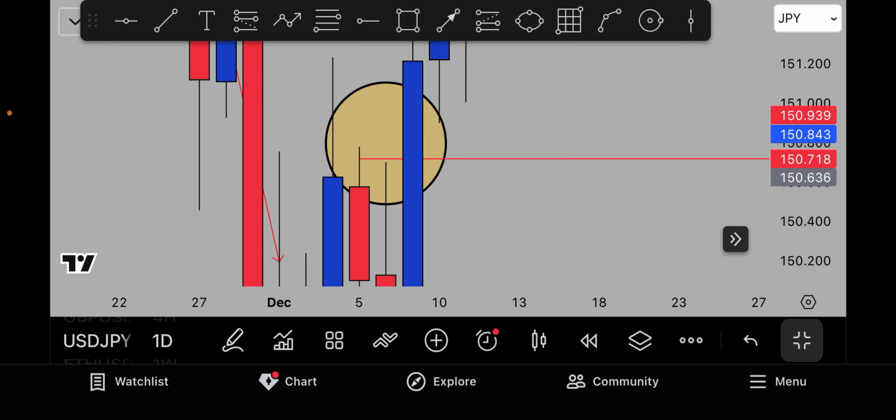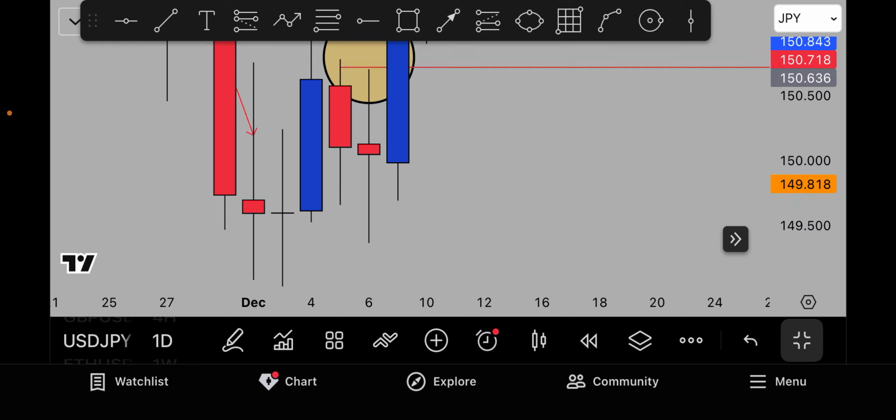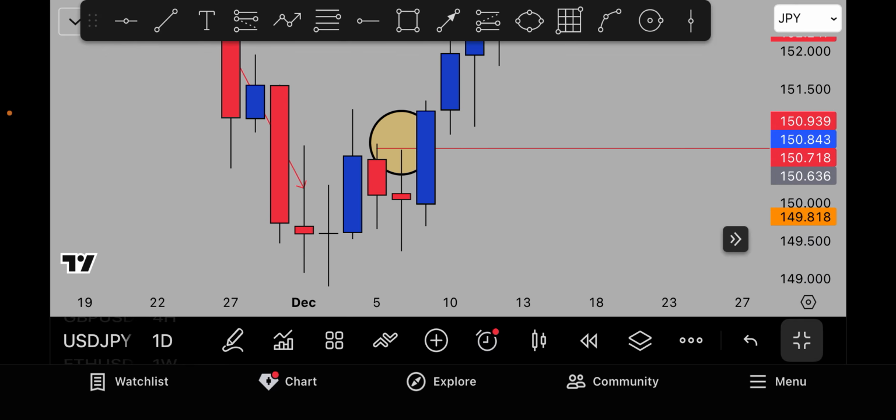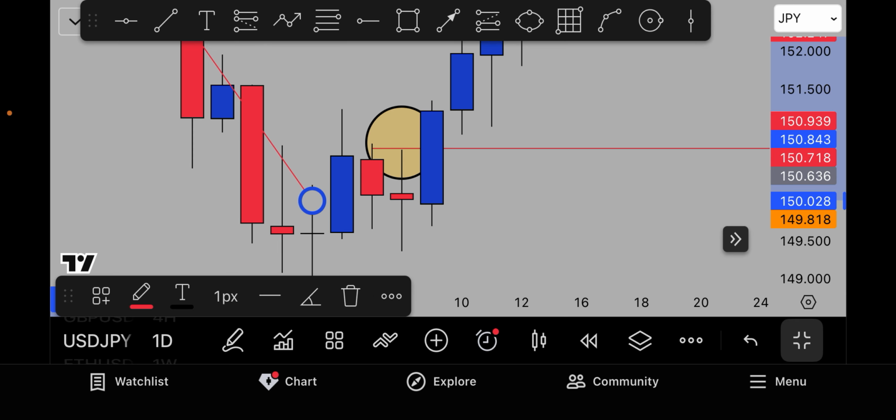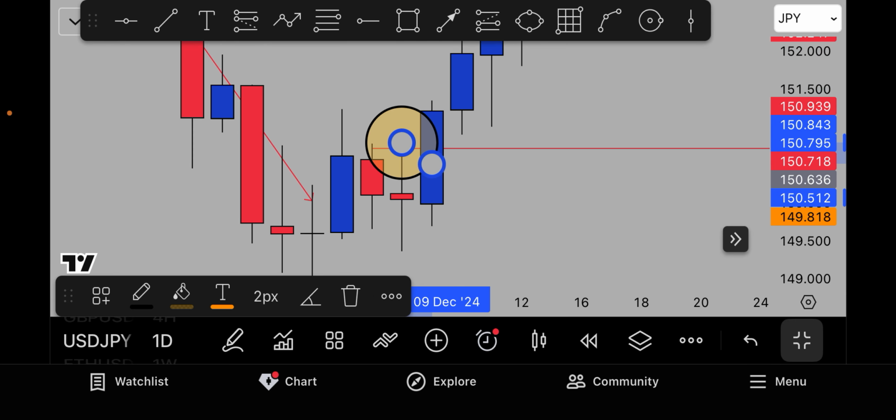So looking at this example right here, being as though that we're bearish, we know that on this candle right here we have the low and we have the high of these wicks, and we have a really small body. But notice how, let me take this away.